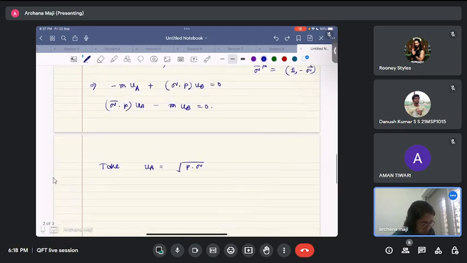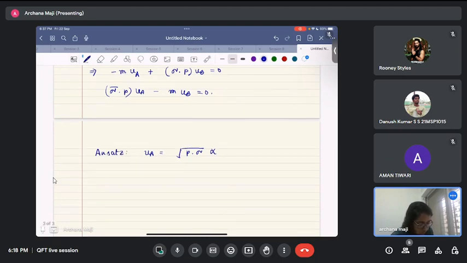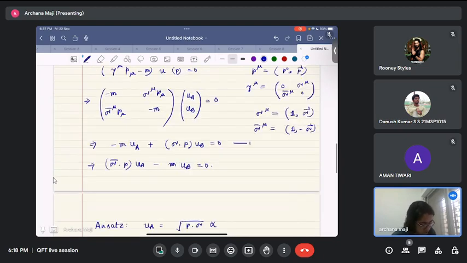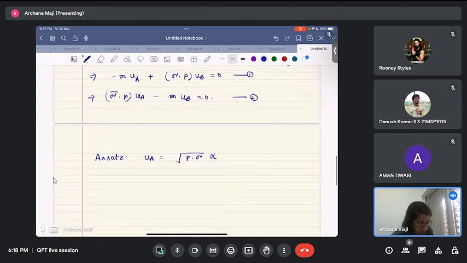So alpha, okay. This is an ansatz that we are making. We have obtained these two equations from the Dirac equation, starting with the positive frequency solution. Now we are taking this ansatz for ua.